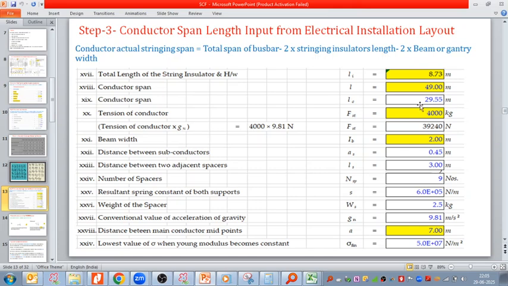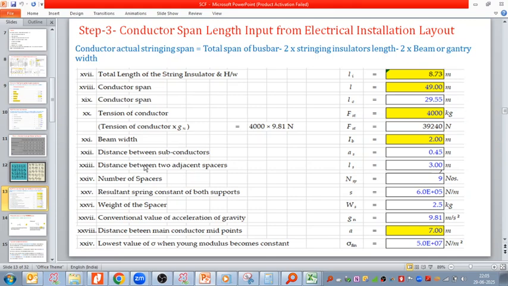They will decide the thickness and the number of members, but beam width is mostly standard. How many members are required, that they will decide. Okay, so beam width is 2 meter.